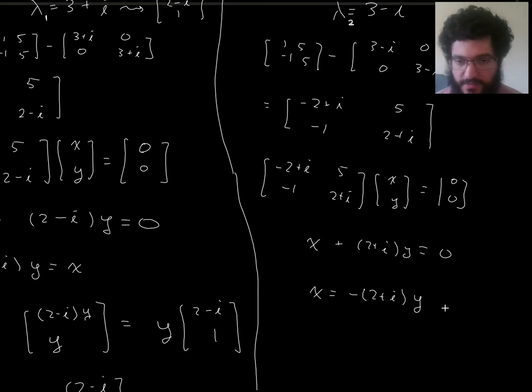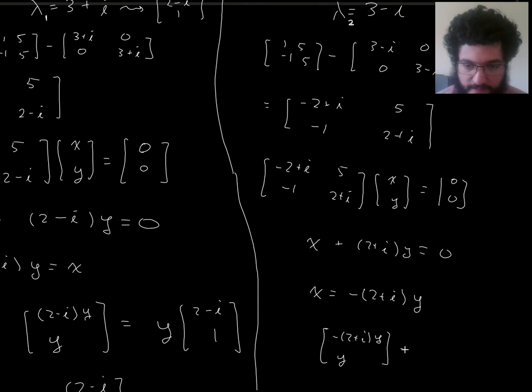So x equals negative (2 plus i) y. So I can pick anything I want for y as long as x is negative (2 plus i) times that thing. And it looks like an eigenvector for the eigenvalue 3 minus i would just be any scalar multiple of (negative 2 plus i, 1).